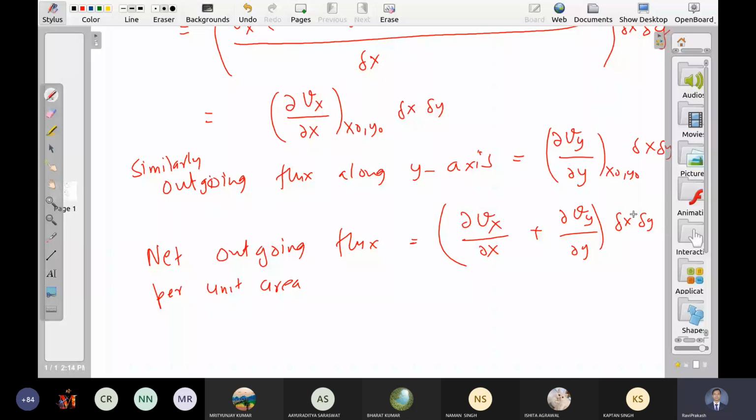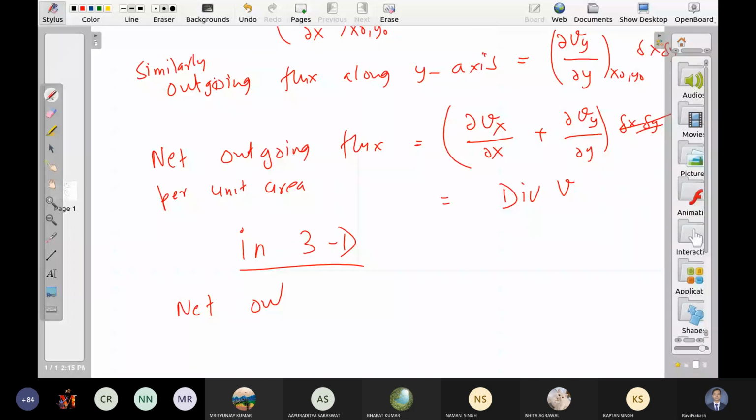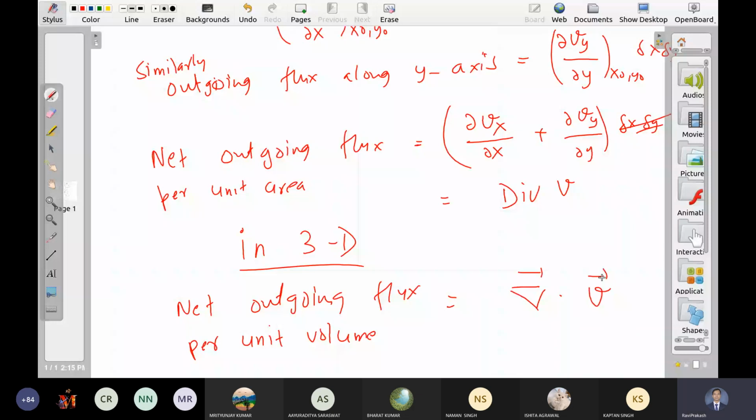Or in 3D, net outgoing flux per unit volume now is the same thing, divergence of vector B. Okay. So divergence is precisely equal to the outgoing flux per unit volume from a small area. Any doubt here?